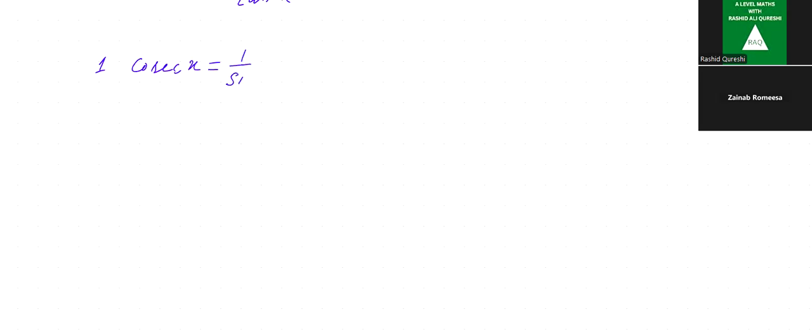The second one is secant of x, that will be equal to 1 over cos of x. And the last one, cot of x, will be equal to 1 over tan of x.